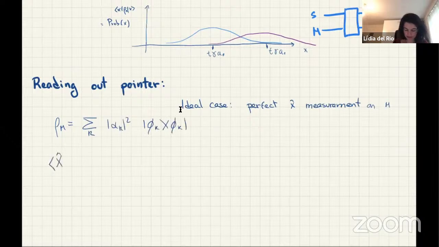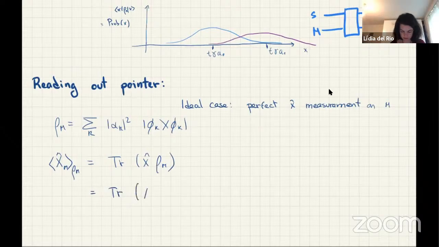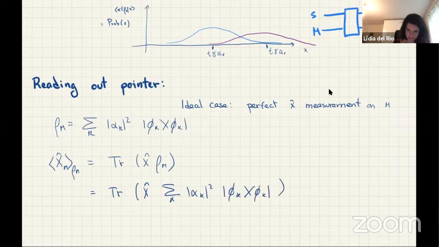And now the average of observable x for the state rho m, observable x on m, well, that's just the trace of x rho m, which we can write out as the trace of x times the sum over k of alpha k, and so on.